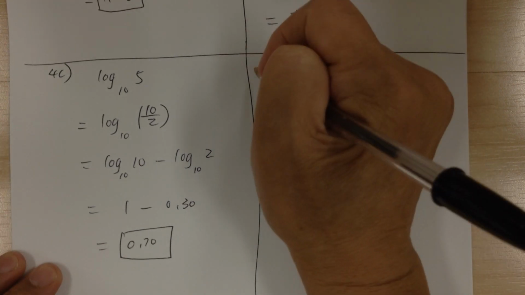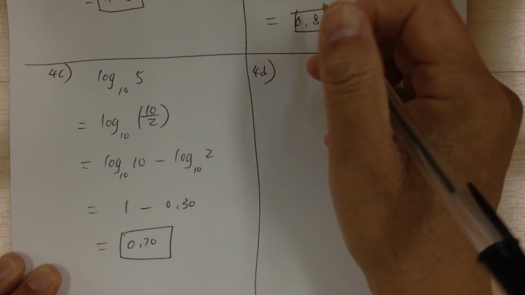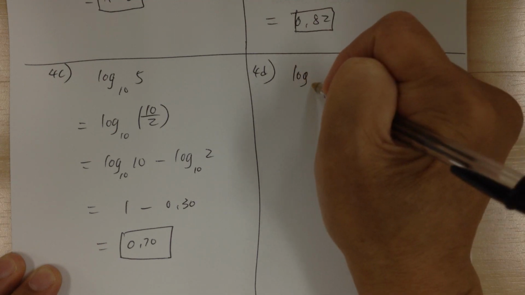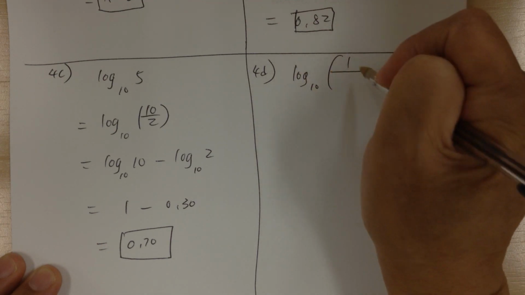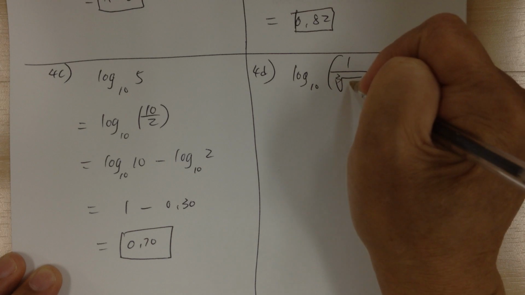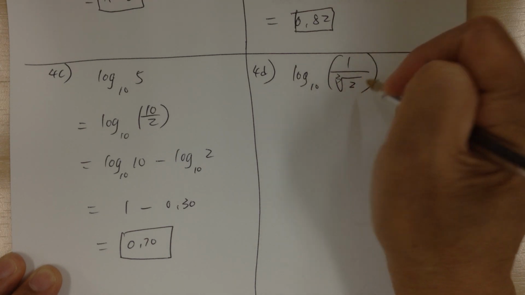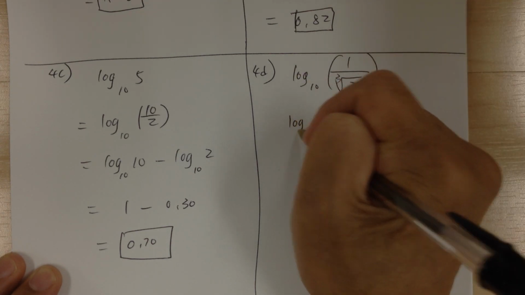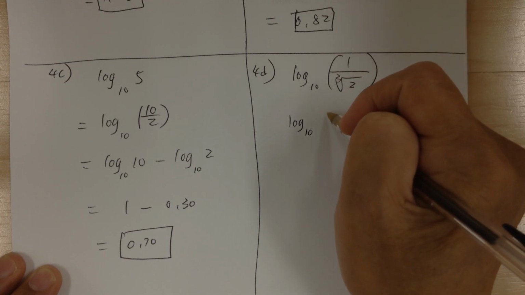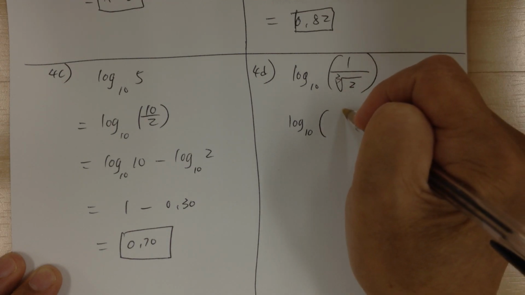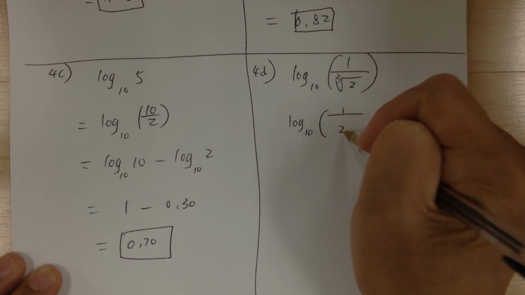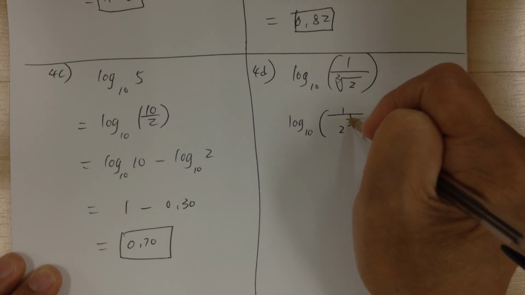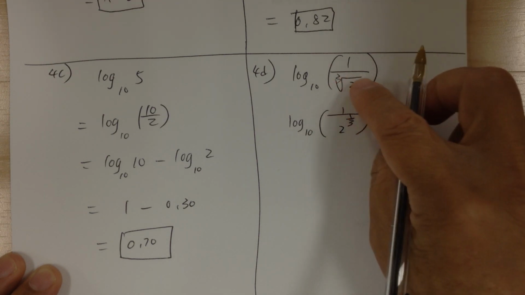Okay. Okay, let's go to 4d. Okay, you have log of 1 over cube root of 2. Okay, so first we need to express this in the exponential power. Okay, so this is equal to 1 over 2 to the 1/3 power. Right? Cube root is 1/3 power.